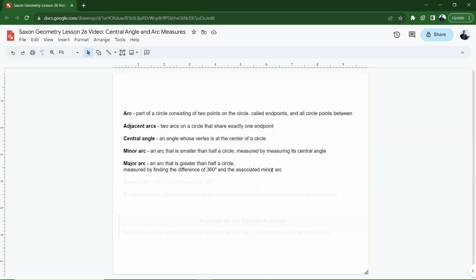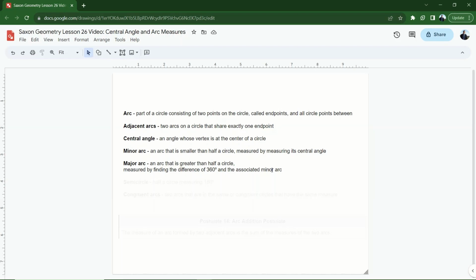If an arc extends past 180 degrees, it's going to be somewhere between 180 and 360 degrees. It's going to end somewhere on the other side of the circle. What you can do is measure the minor arc that would complete the circle and then subtract that measure from 360 degrees. That gives you the measure of the major arc.